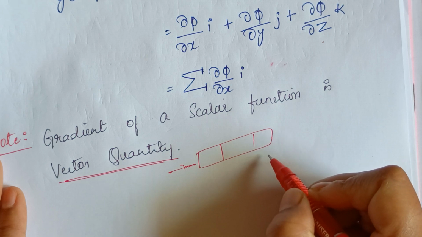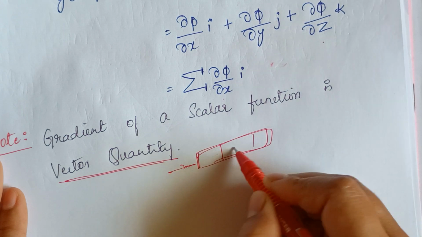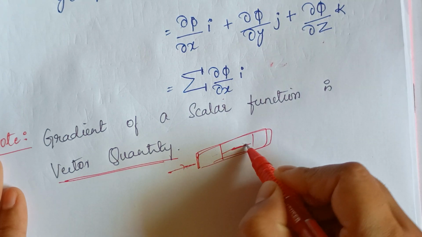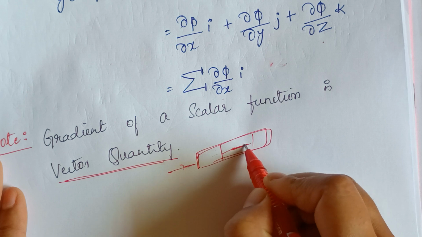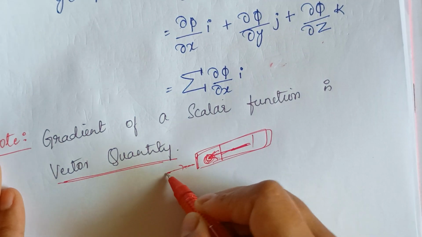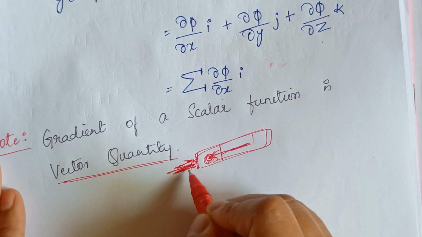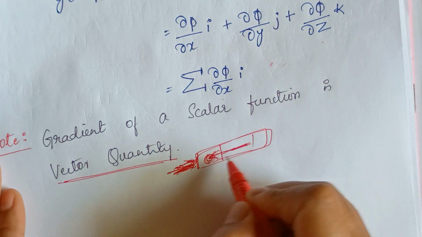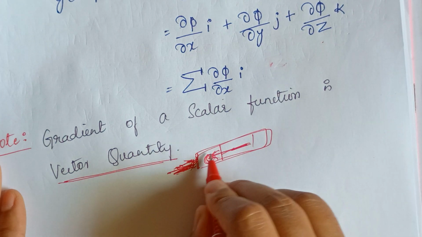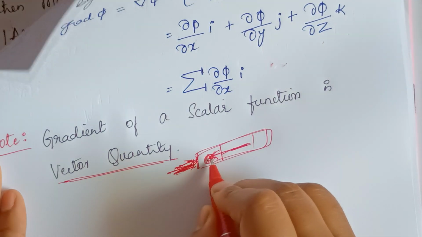The gradient at any point on the plate will point you towards the hottest nearby direction. This is the hottest because I'm providing fire here for the plate to get heated.